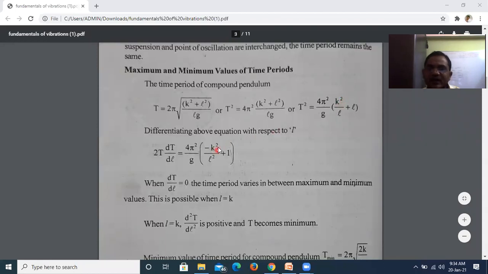So k square times the derivative of 1 by l is minus 1 by l square, giving minus k square by l square, plus the derivative of l, which is 1. So the bracket is minus k square by l square plus 1. When dT by dl equals 0, the time period varies between maximum and minimum values.